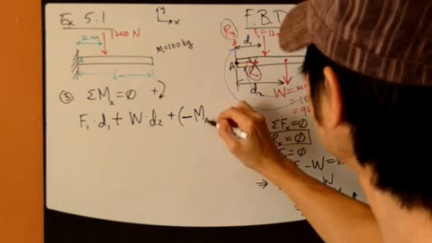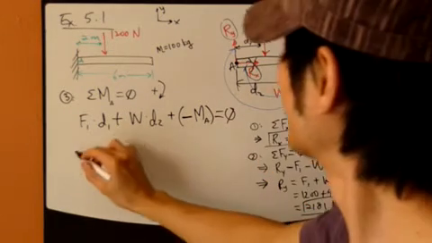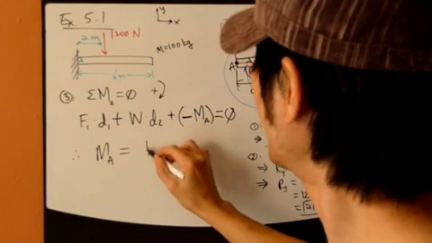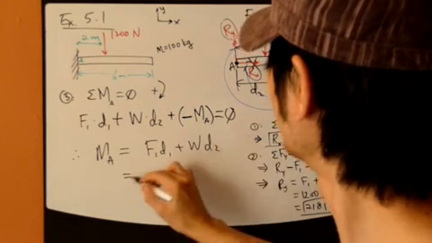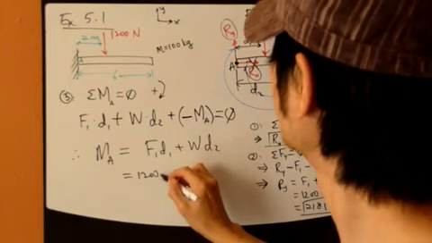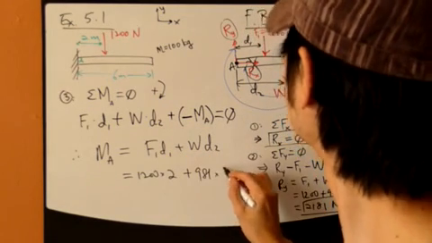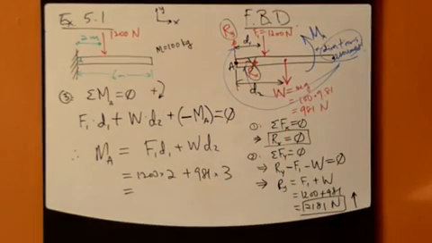So minus MA. That's it, equals 0. Therefore, moving things around, unknown on the left-hand side, MA equals F1 D1 plus W D2. Plug in numbers: 1200 times 2 meters plus 981 times 3 meters, half of the length. Plug in numbers.